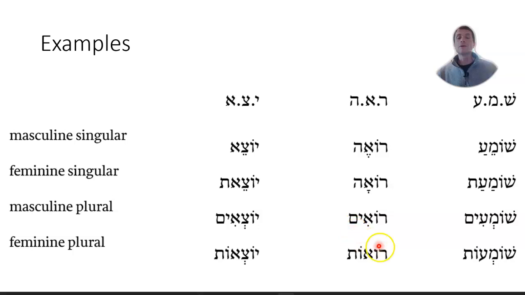So it's ro'im or ro'ot. And then here we have a third aleph root, and so this is yotze, that looks just like the regular strong verb. Yotzeit, notice how the aleph here has quiesced. You act like it's not even there. And then yotzim and yotzeot, that looks just like the strong verb.